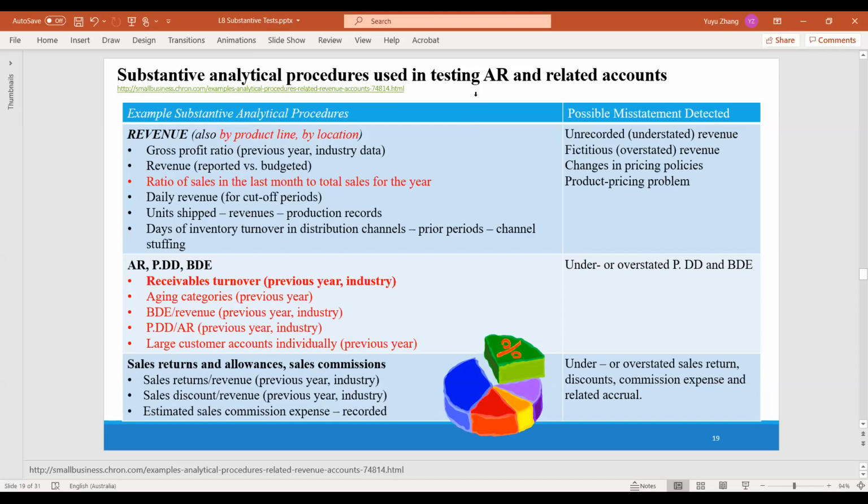So what is important in the analytical procedures, in particular for the sales? The first thing would be to compare. Let me see if I have the documents here or not. Sorry, I don't have that. I'll show you the documents.